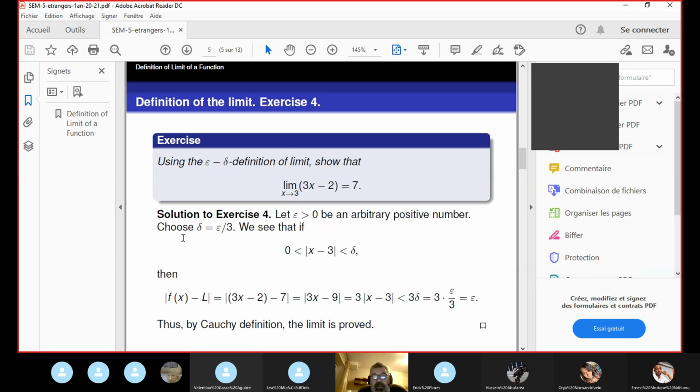No. You see, if x goes to 5, then you can calculate 3 multiplied by 5 minus 2, it will be what? It will be 13, yes?